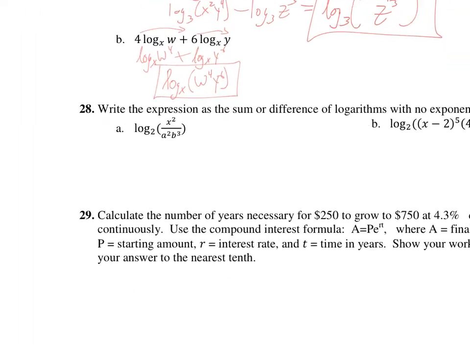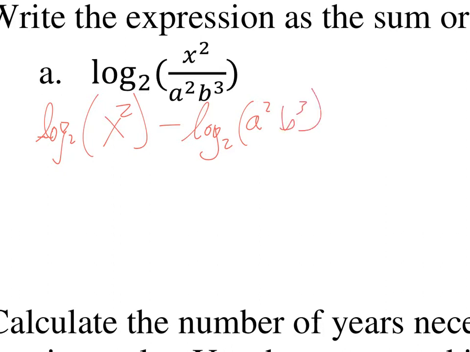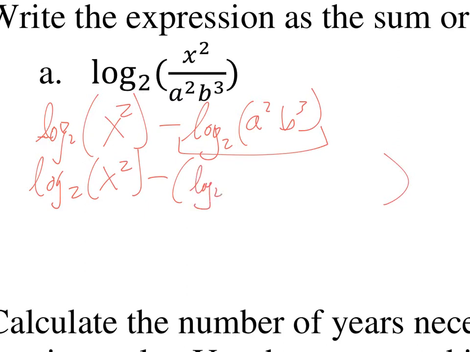Now we're going to break these up. Gotta watch out here for this one. We've got log base 2 of x squared over a squared b cubed, and we'll do some subtraction here. Now we've got to break this up, but watch out because of this subtraction. We've got log base 2 of x squared minus, and put some parentheses here, log base 2 of a squared plus log base 2 of b cubed.